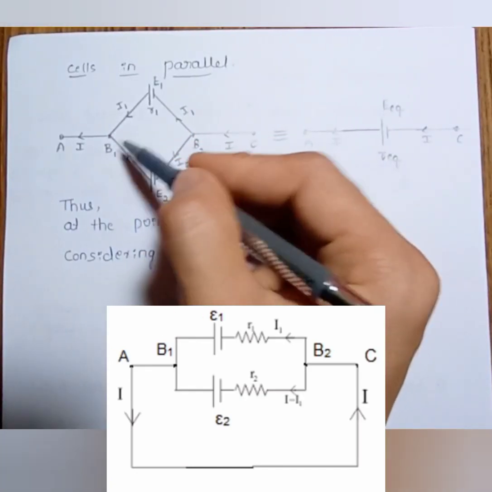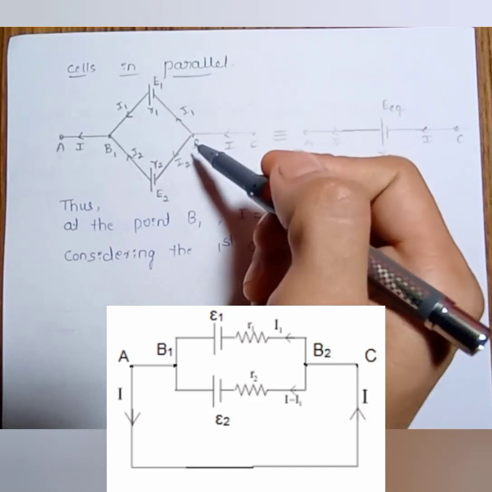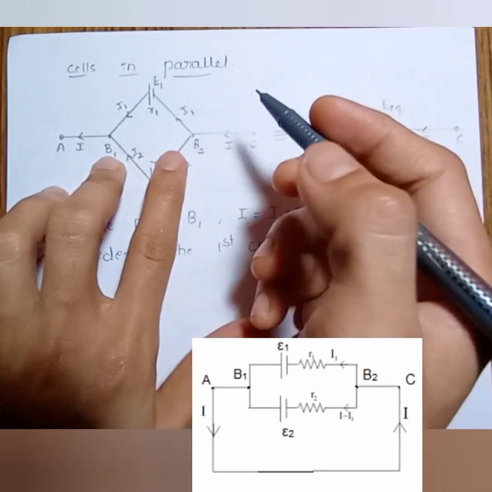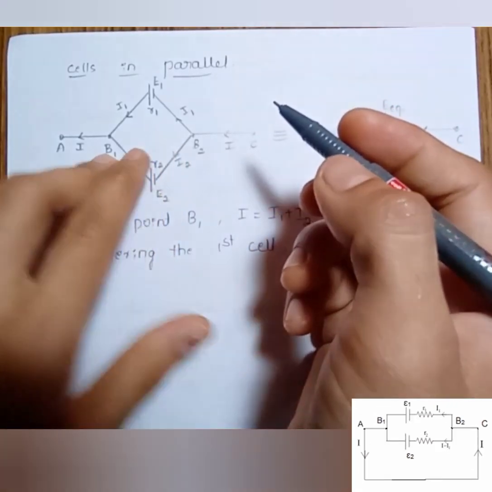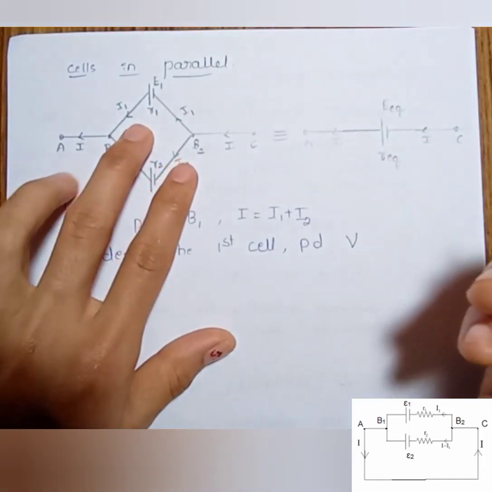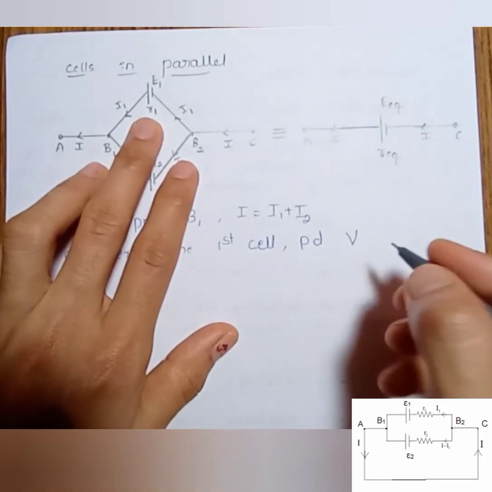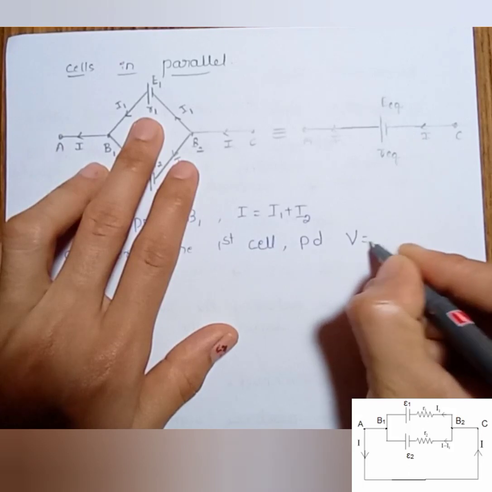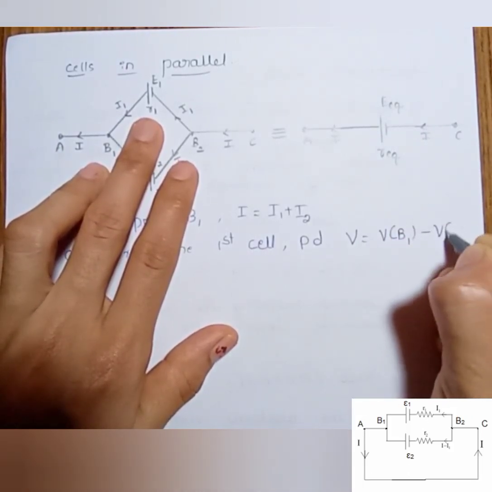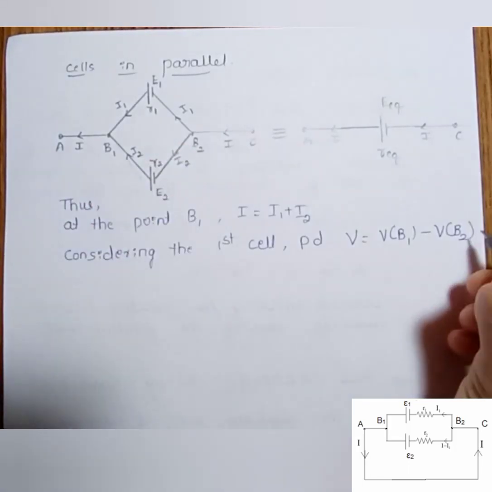V of B1 and V of B2 be the potentials at the points B1 and B2 respectively. Considering the first cell E1, the potential difference across the terminals can be written as V is equal to V of B1 minus V of B2.